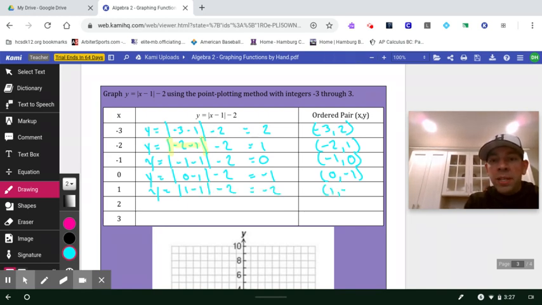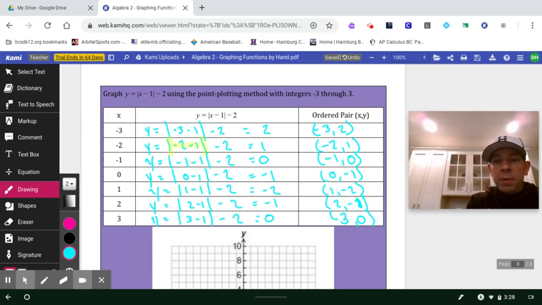So we got 1 comma negative 2. And let's see, 2 minus 1 makes 1. 1 minus 2 makes negative 1. Felt like the graph turned right there. Whoops, that's supposed to be a 1. And then the last one here, 3 minus 1 makes 2. 2 minus 2 makes 0. Yeah, it feels like it's starting to come back around, so to speak.